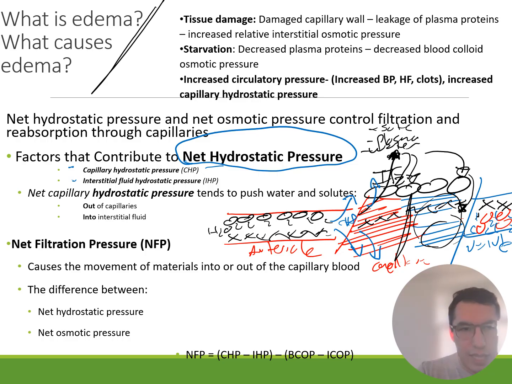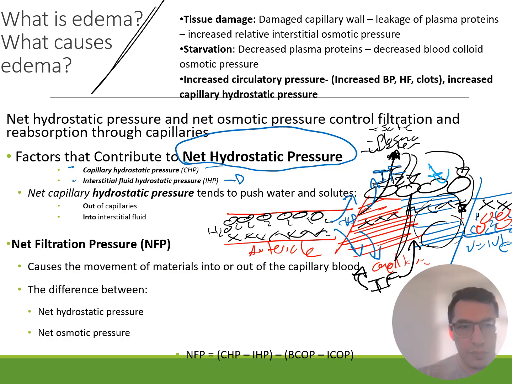We have that CHP, and we have the interstitial hydrostatic pressure. The interstitial fluid also has pressure, and that is pushing back into the capillary bed. Let's put it here. There is some pressure within.